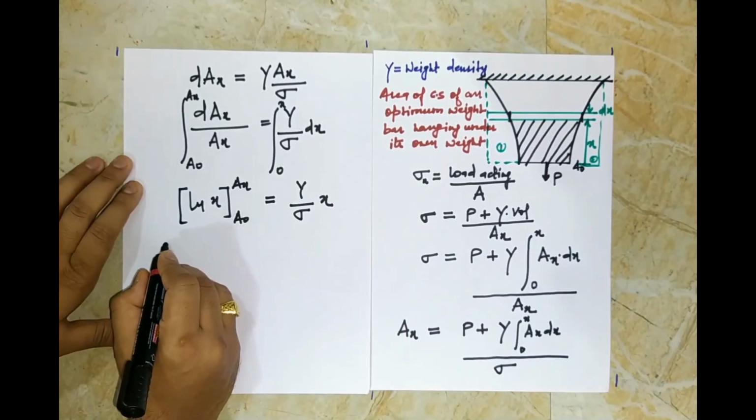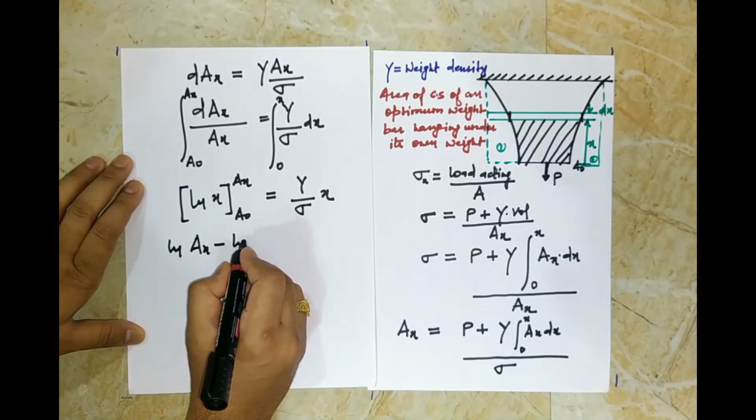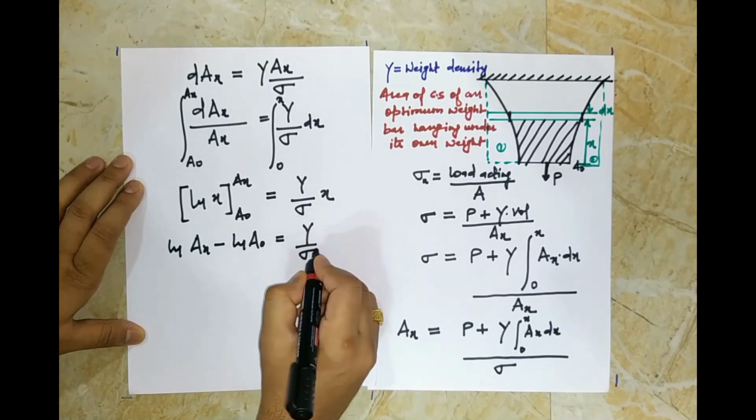Now we'll write ln Ax minus ln A naught, which is equal to gamma by sigma into x.